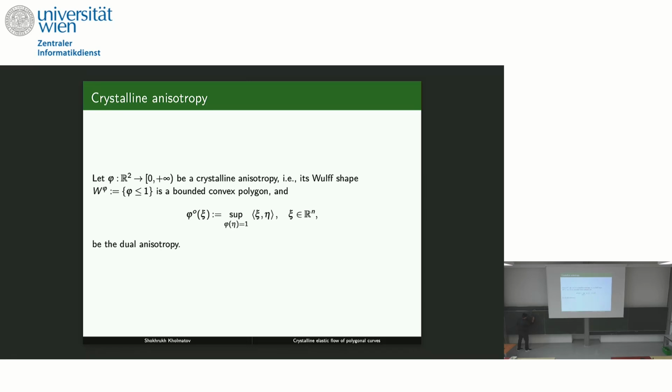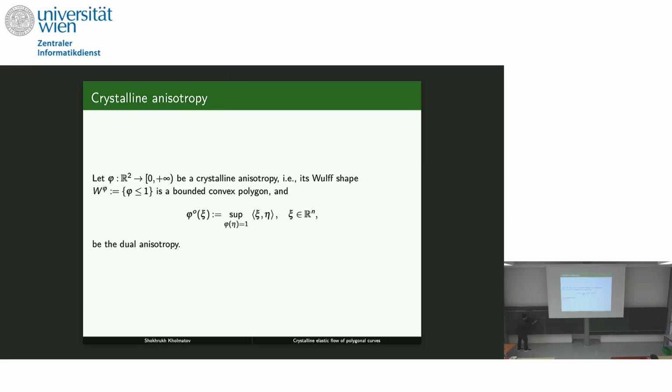That's why its dual, its Wulff shape, will be basically phi dot dot less or equal 1. And since phi is convex, the double dot cancels out, and I end up with this formula.